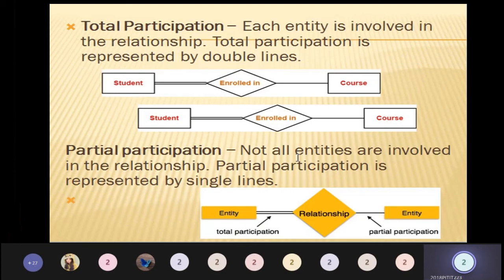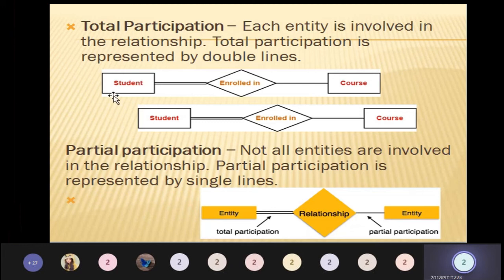So total participation: each entity is involved in the relationship. The total participation is represented by double lines.